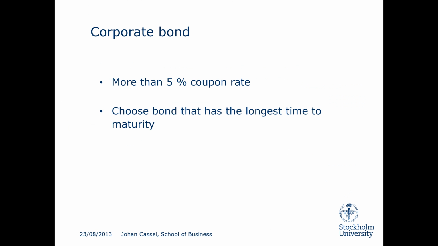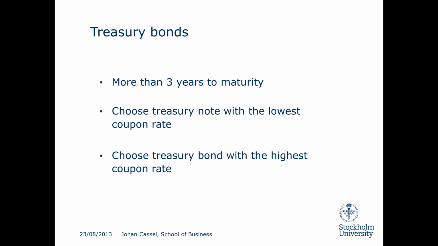When it comes to the treasury bonds, in both cases, whether it's a note or a treasury bond, I want them to have more than 3 years to maturity. And when I buy a treasury note, I'm going to take the one with the lowest coupon rate, and when I take a treasury bond, I'm going to take the one with the highest coupon rate. This way I can see later on how changes in the interest rate have affected my return.